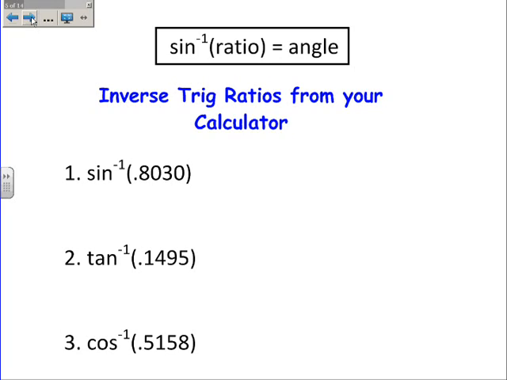Inverse sine of 0.8030 is an angle, I'll just round to 2 decimal places, 53.42 degrees. On the calculator, inverse tan of 0.1495 is 8.50 degrees. And the inverse cosine of 0.5158 is 58.95 degrees. Hopefully you're getting those same numbers as me.